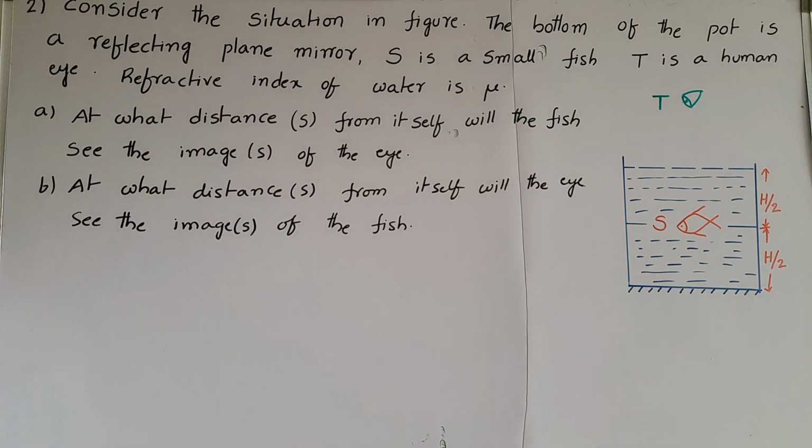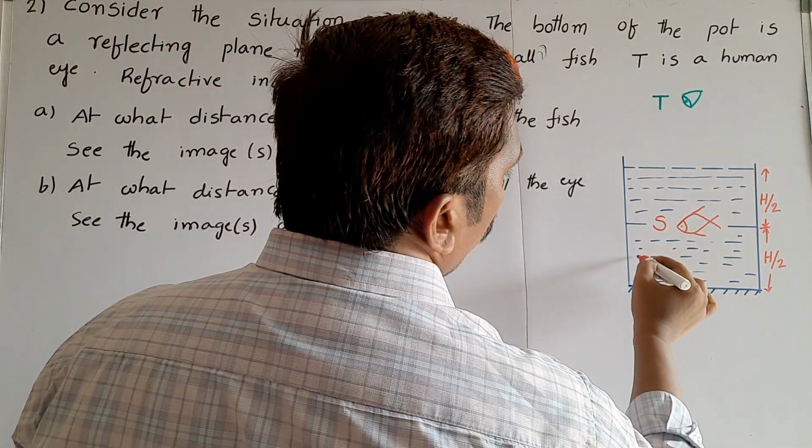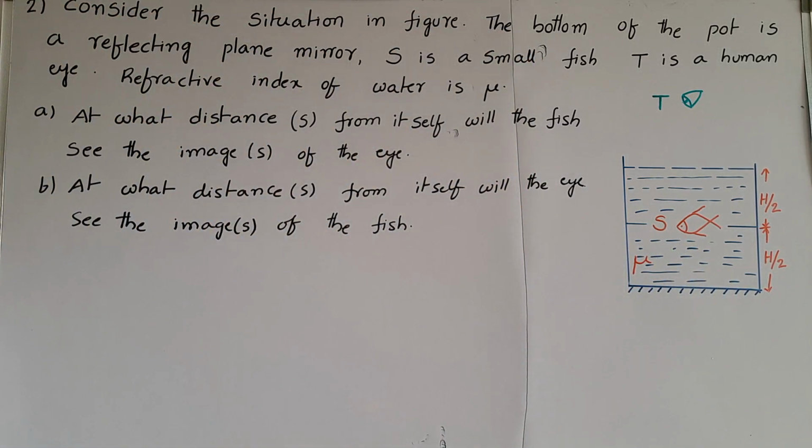You assume that is the human eye. The refractive index of water is mu, as given. So here the eye is in air. What do we have to calculate? At what distances from itself will the fish see the images of the eye?